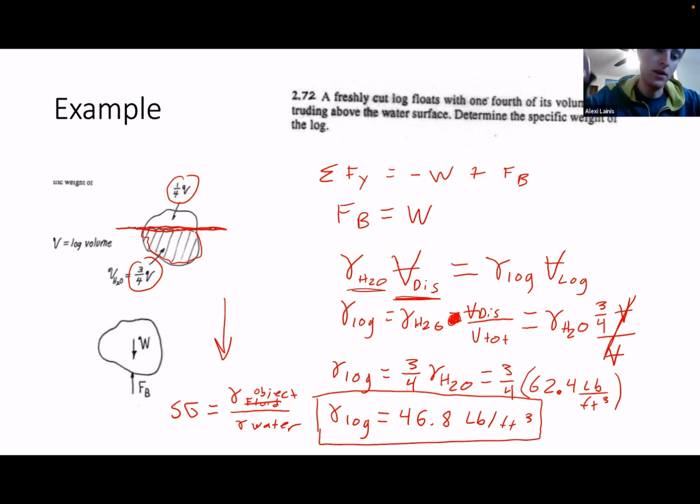Oh, sorry. Did I make a mistake there? You just renamed it. Yeah, it's just renamed. So volume log equals volume total. For consistency, we can put log right there. Does that make sense now? Yeah, thanks. All right, cool.